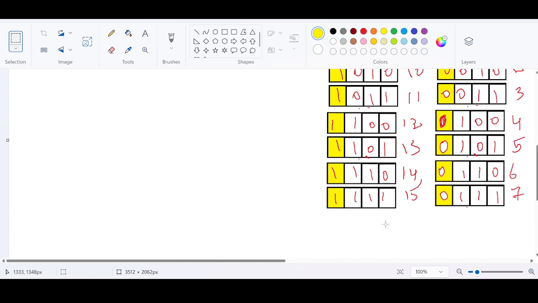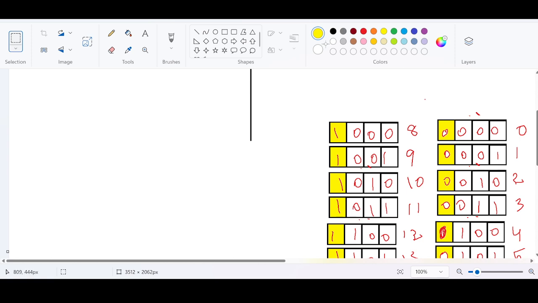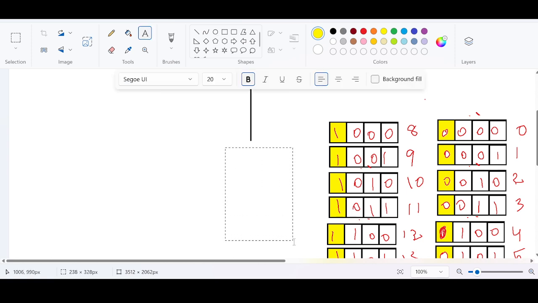They are asking us to consider that if the most significant bit is 0, if 0 is landing on the most significant bit space, then this place is reserved for what? Positive numbers.